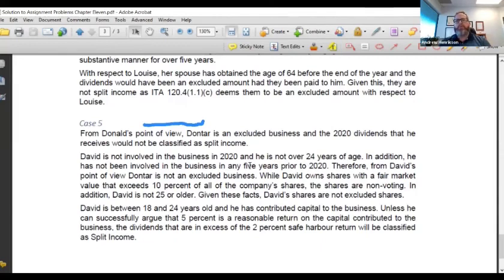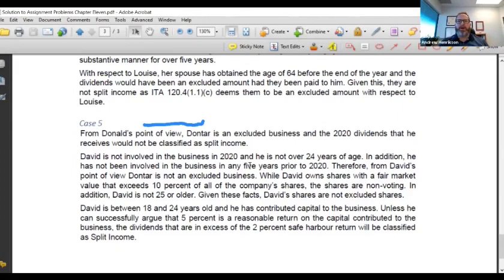So he would have to prove that the 5% was a reasonable return for the money he put in. Otherwise, if he can't prove that, he's going to be limited to that 2%. So he can get the 2% back on what he put in. But everything over and above, in this case, 3%, that would be classified as split income.